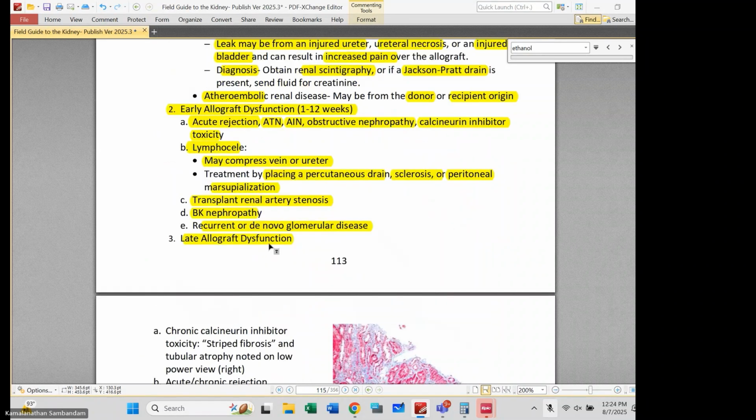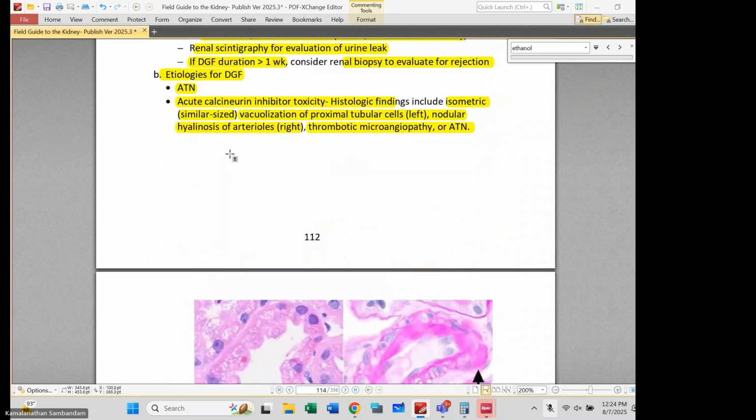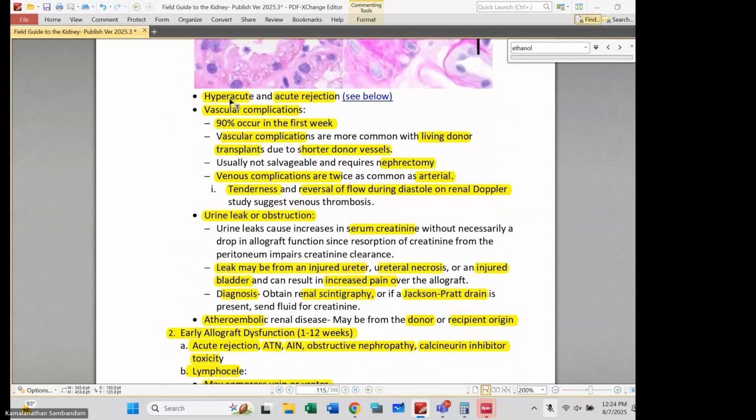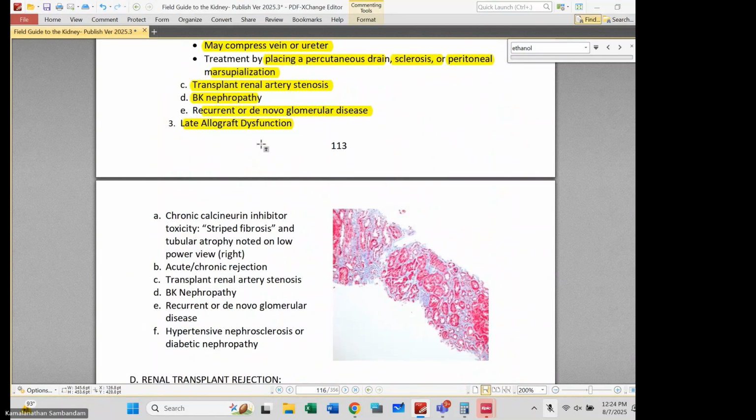Okay, let's finish off these again: immediate DGF, early allograft dysfunction, and the more late allograft dysfunction. Chronic calcineurin inhibitor toxicity can be recognized histologically through the so-called striped fibrosis. Here's a low power view of kidney biopsy.